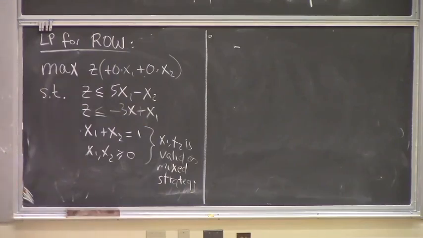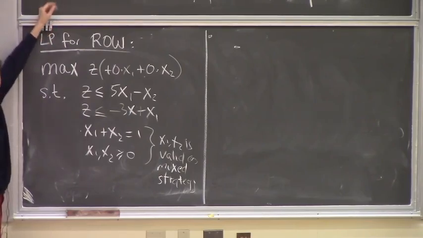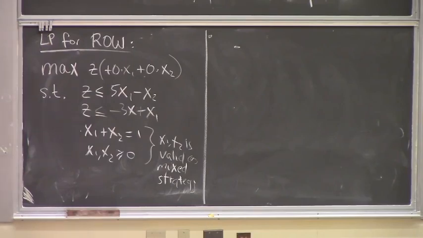But can anybody say why this small gadget of constraints actually implements this desideratum? In order for something to be less than the minimum of two expressions, it's enough to say that it's less than both of them.